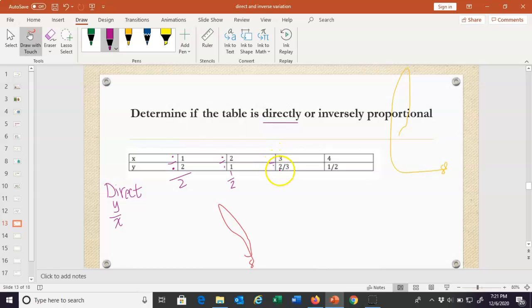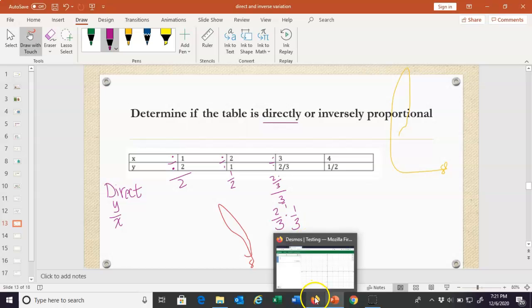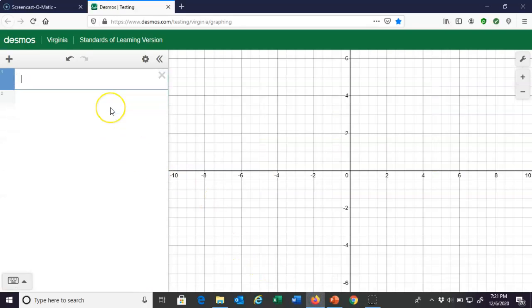We can keep going. 2/3, careful here, 2/3 divided by 3. So this is really 2 over 3 times, you're going to divide by the reciprocal, 1 over 3. You're going to get 2 over 9. So let me show you in the calculator. 2/3 divided by 3. See, that didn't even do it right.